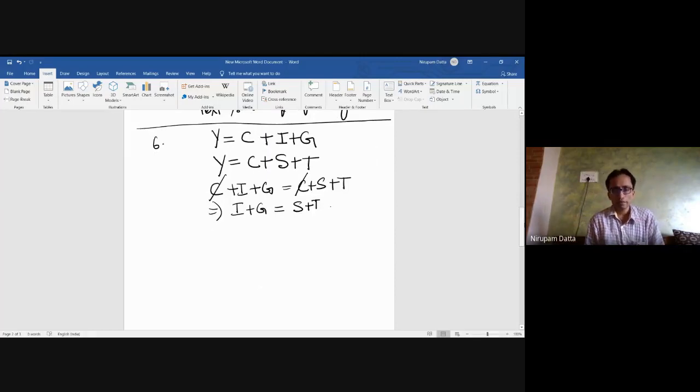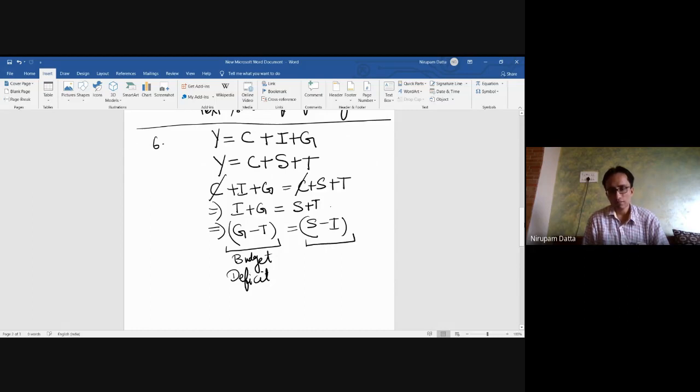Now we rearrange the terms on both sides. We bring T to the left side, G minus T, and we bring I to the right side, S minus I. So what does this mean? G minus T is the excess of government spending over net taxes collected, which is nothing but your budget deficit.